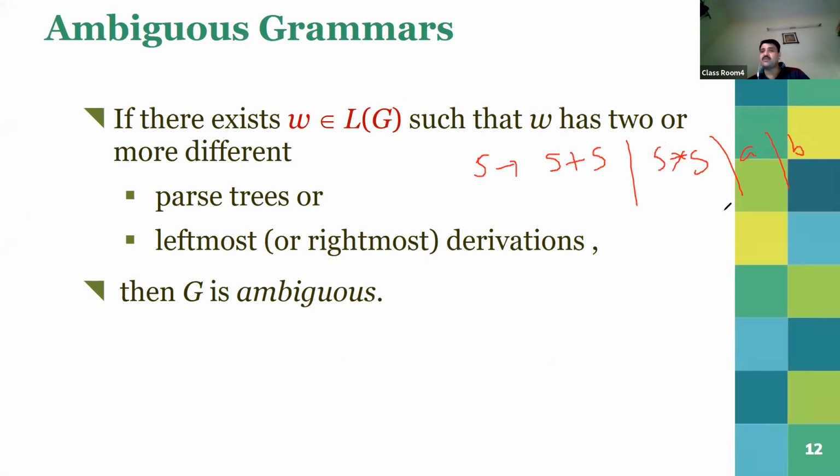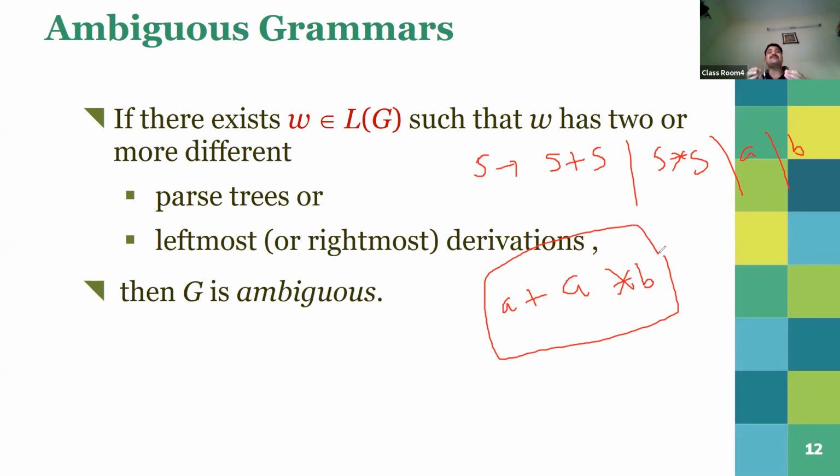Now a string is also given to you, that is a + a * b. Clear? The question is, grammar is given to you, string is given to you, now is this grammar ambiguous?